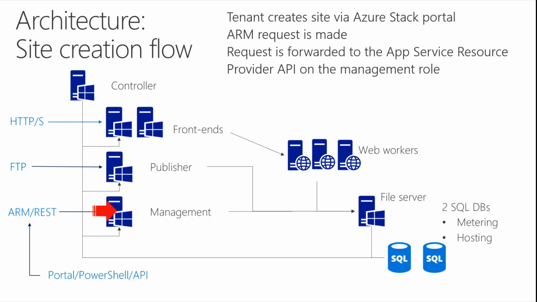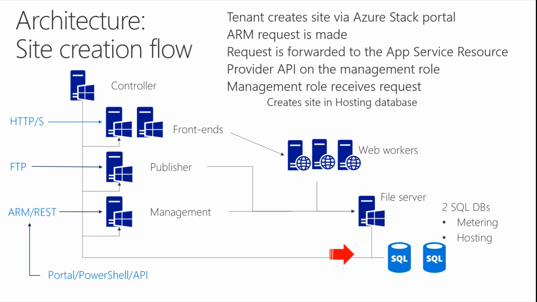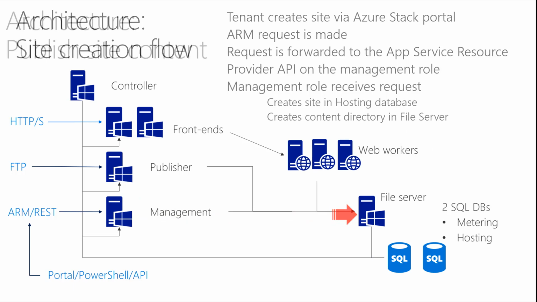That request will be forwarded to the App Service Resource Provider API on the management role. Then the management role receives the request and creates the site in the hosting database. Then it creates the content in a content directory in the file servers.